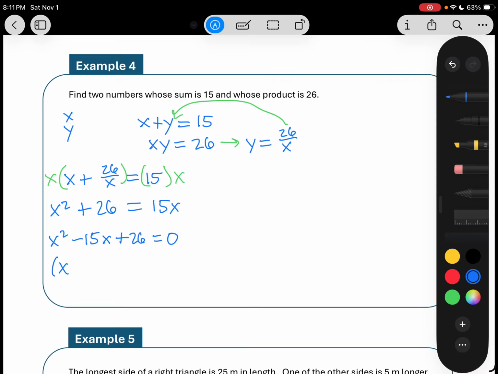And this is factorable. So the factors of 26 that add up to -15 are -13 and -2. And set those equal to 0 and solve, and you get x is equal to 13 and +2.